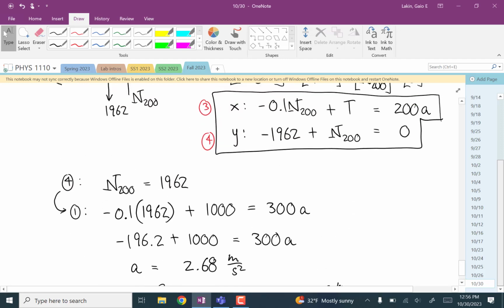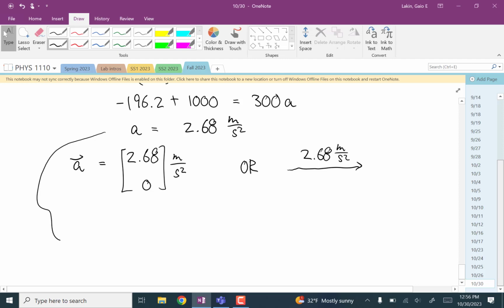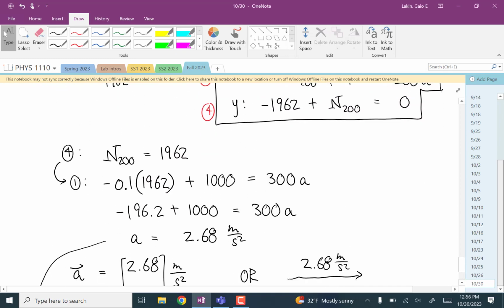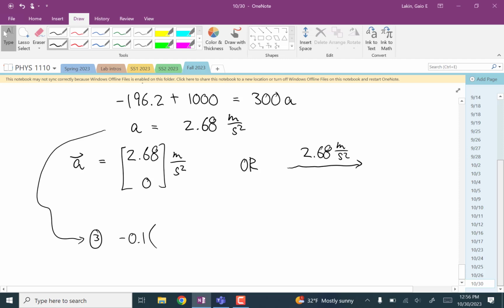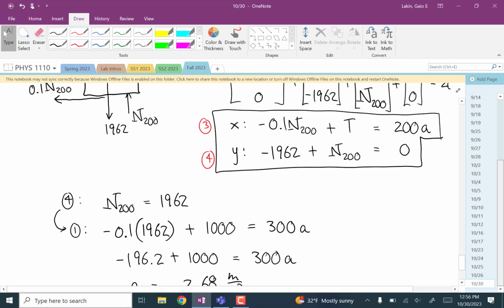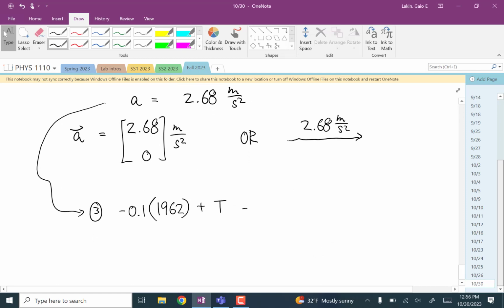And so now we can use this A value in equation 3 to find that T. And so that says negative 0.1 times the N200 that we calculated, 1962, plus T is equal to 200 times 2.68. And so T is equal to 732.07 newtons.